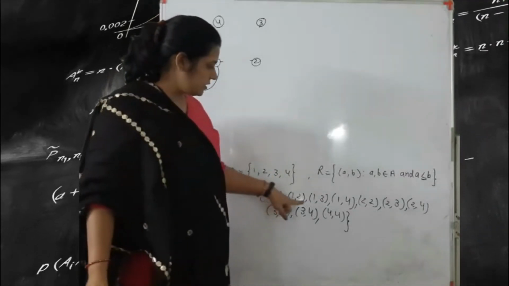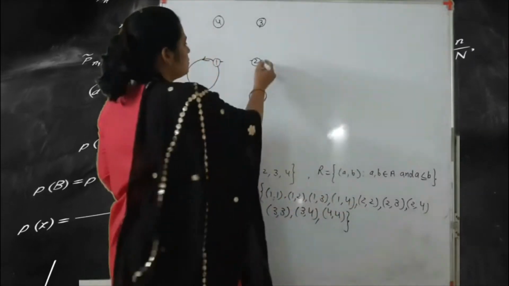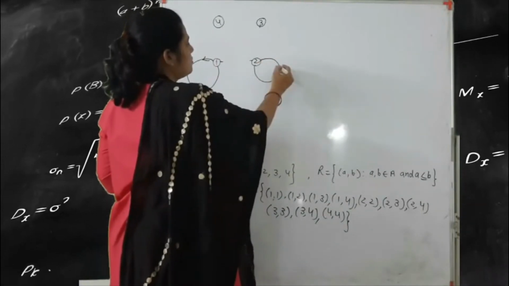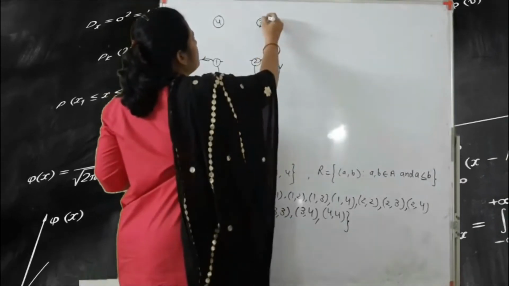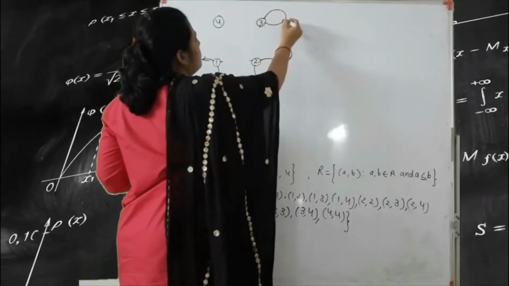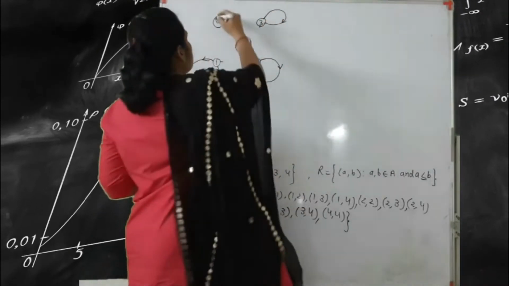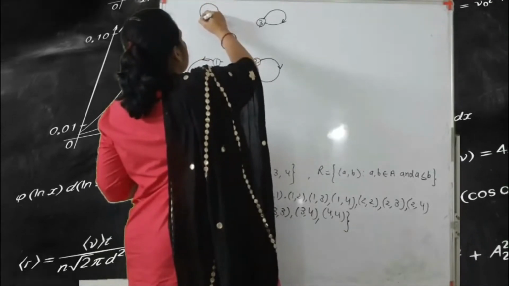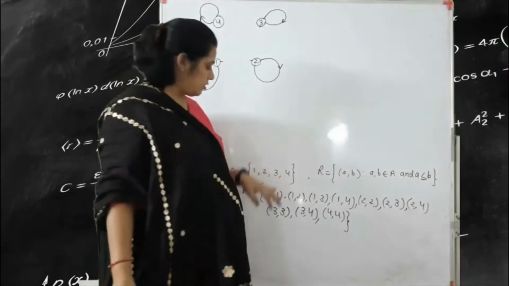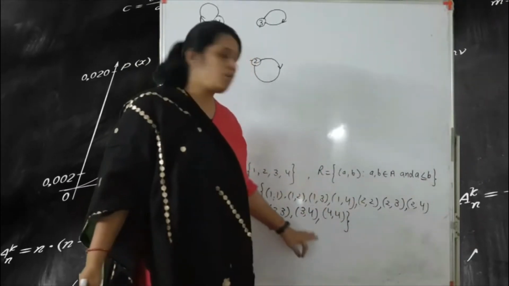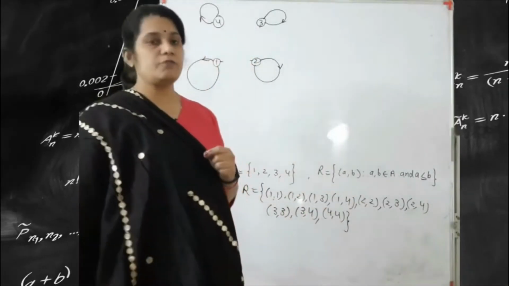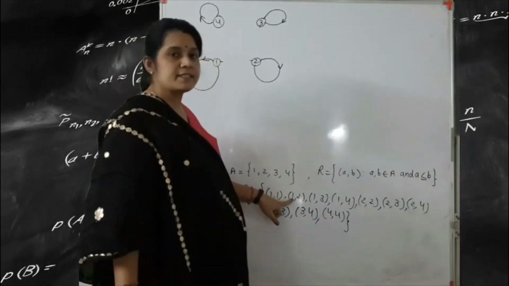Next is (2,2), so this is again a self loop. We draw it here. Next is (3,3), again a self loop. And next is (4,4), so here we draw the self loop. Got it? Because we are given (1,1), (2,2), (3,3) and (4,4).